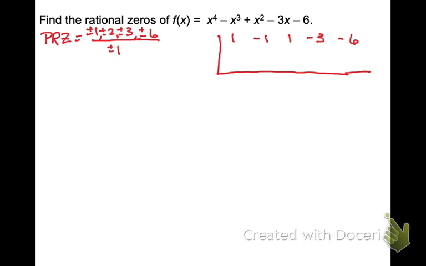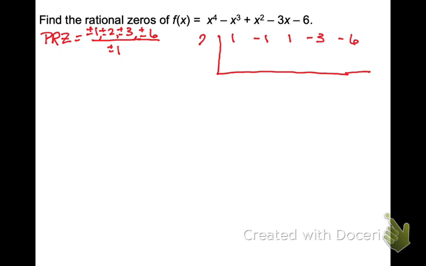Why would 6 probably not be a good selection here? Because the last term is only 6, and you probably end up with something really bad, right? I tend to stay away from 1 and 6. Pick two. It doesn't matter. We can honestly pick 6 if we want. What do you guys want to do? Negative 2.